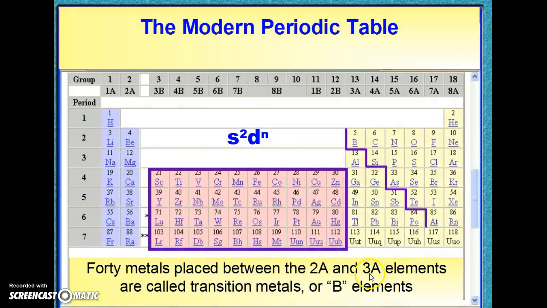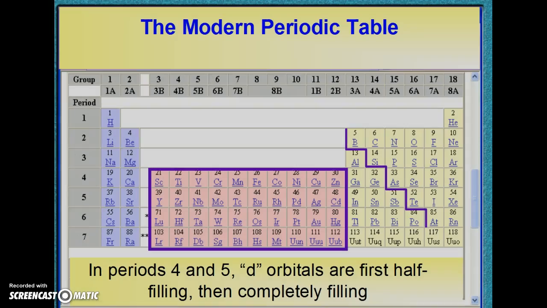There are 40 metals placed between group 2 and group 13, and they're called transition metals. They're often called B elements on some periodic tables. In periods 4 and 5, the d orbitals half fill and then they completely fill.